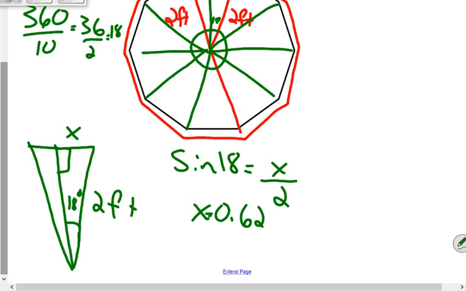For yours, Ethan, you have to go sine 18, then times that by 2. You got it.